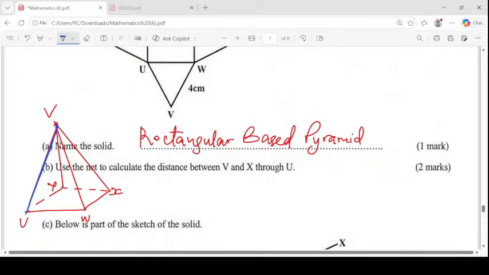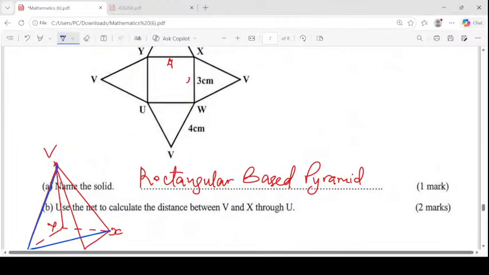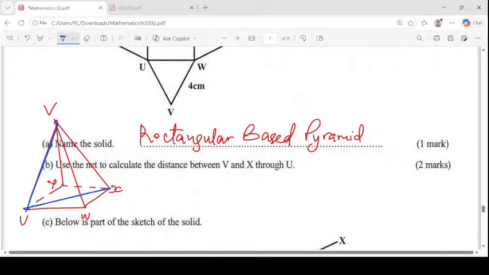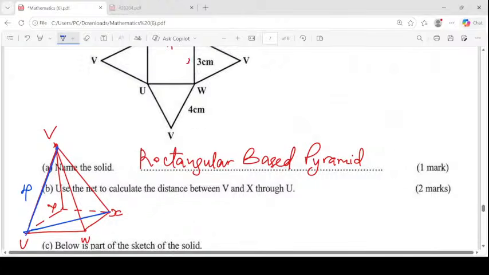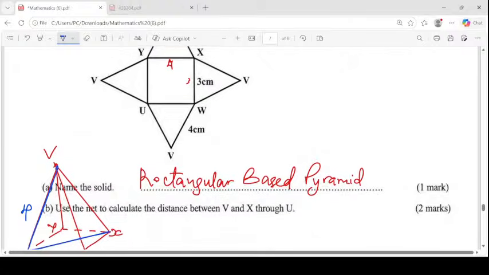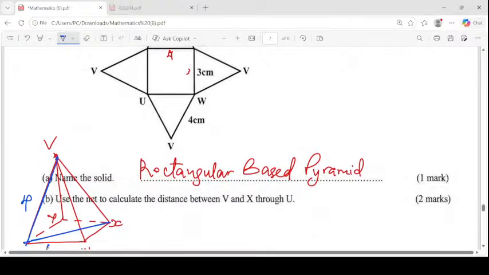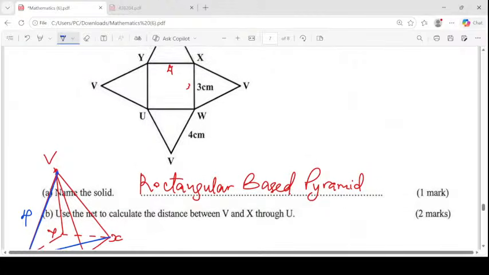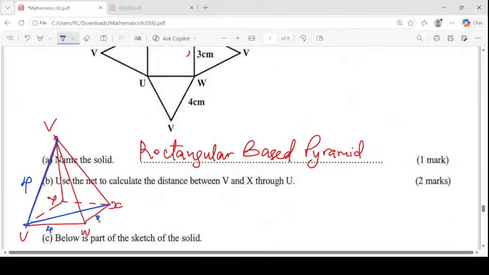Then U to X. So VU is 4. But now remember UW was 4. Then this other one, WX, was 3. First let me get UX.